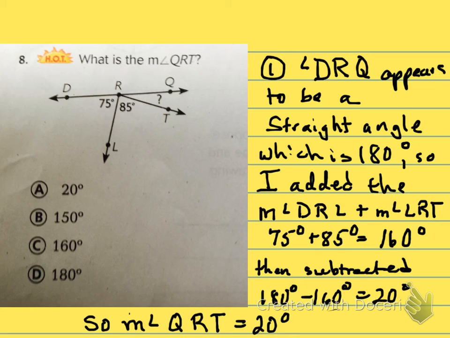Then I subtracted 180 degrees for the straight angle minus 160 degrees, and I found a difference of 20 degrees. So I can conclude that the measurement of angle QRT equals 20 degrees. How did you find your answer? Is there more than one way to do this? Let's talk tomorrow.